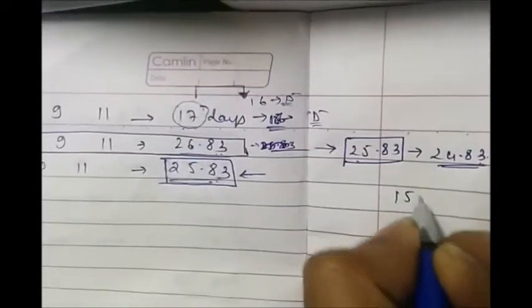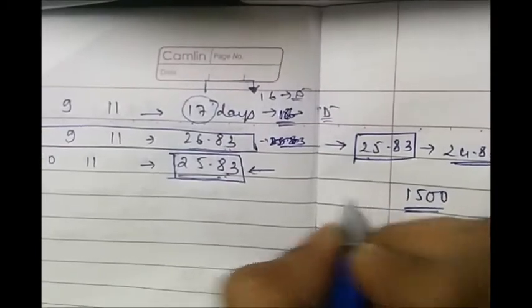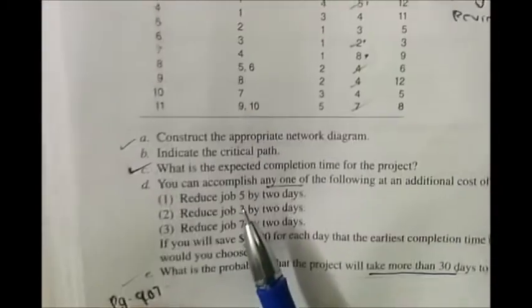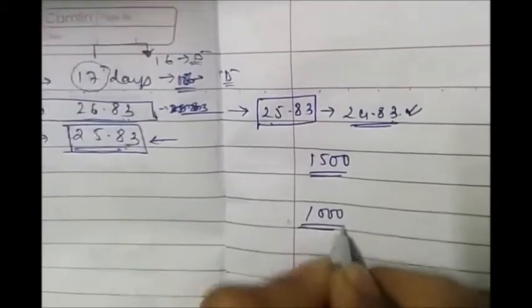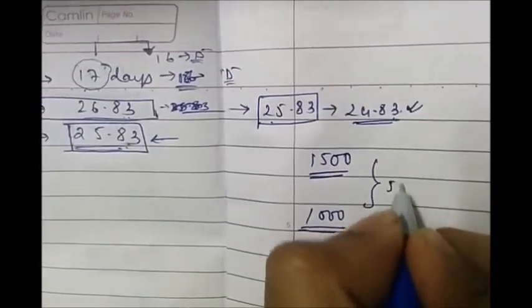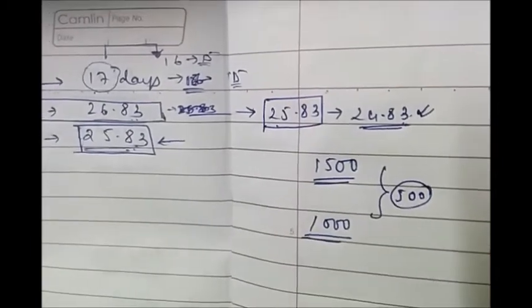So how much are you exactly paying for the third option? You're paying $1,500 to implement this option, but you're gaining just 1000, right? So there's a loss of 500. Why would we incur loss? So we abandon this option as well.